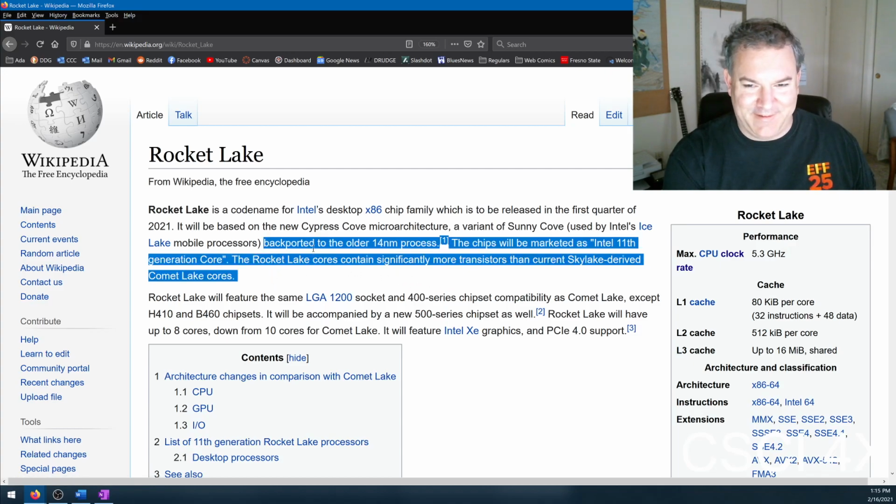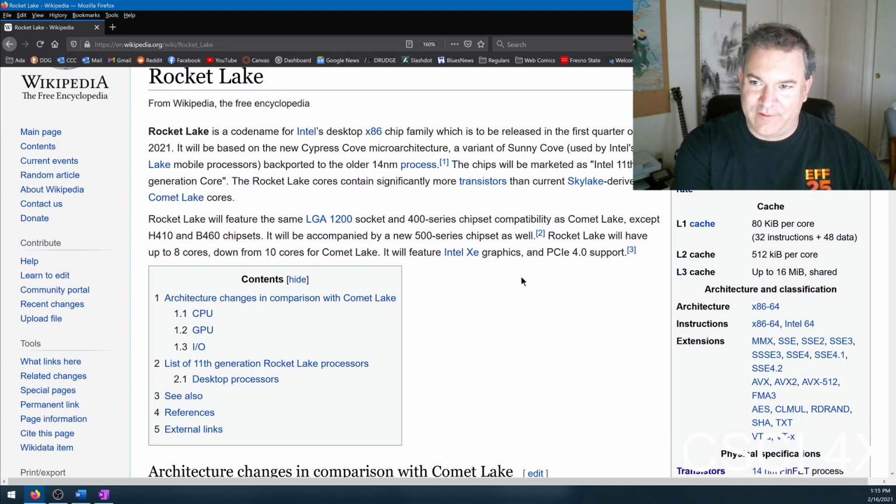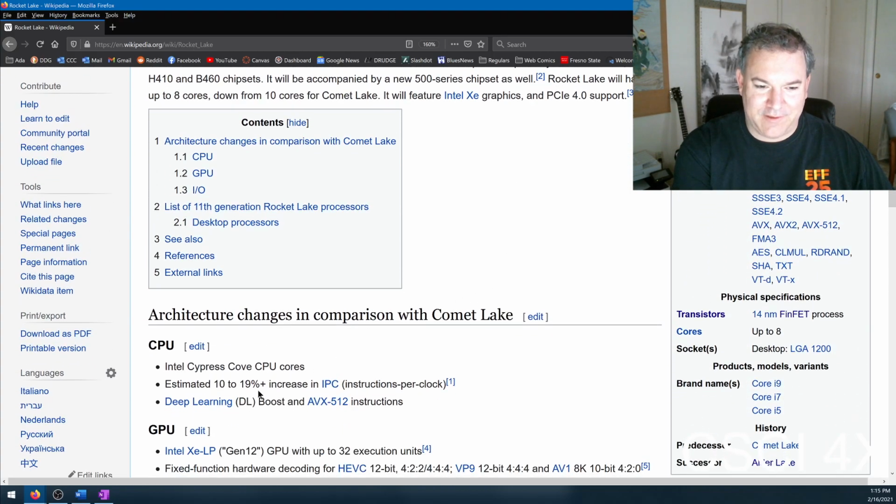Poor Intel. TSMC is down to like 5 nanometers now, and yeah. Intel's been stuck for a while now, and so they've been squeezing better efficiencies out of their CPUs, but man, it's just not been a good couple years for Intel.